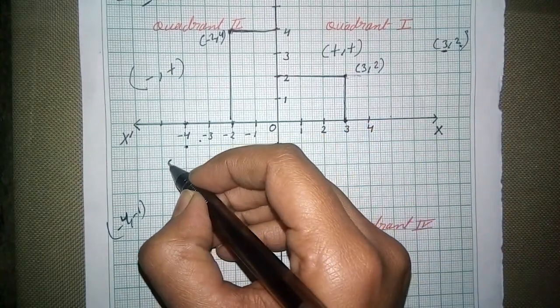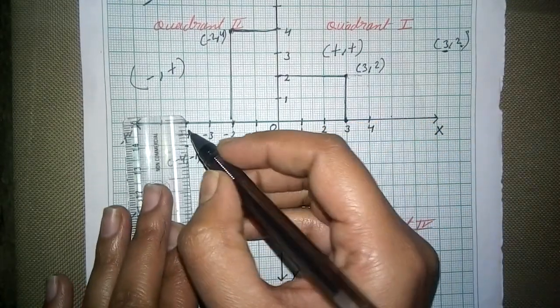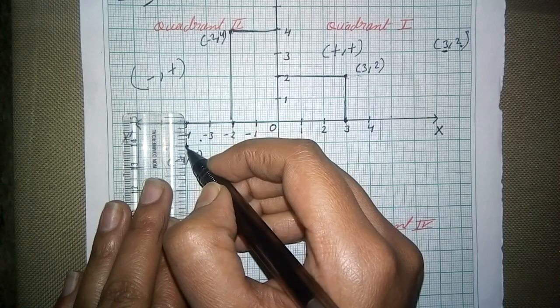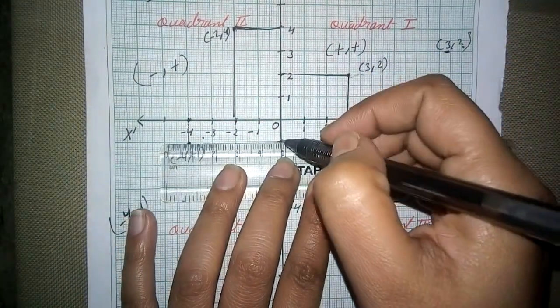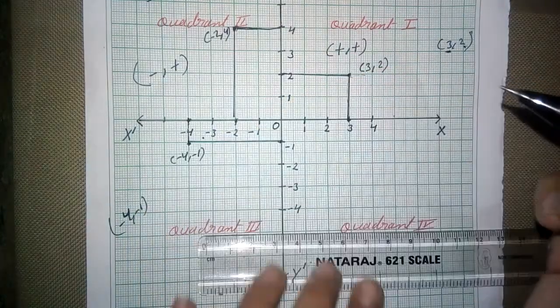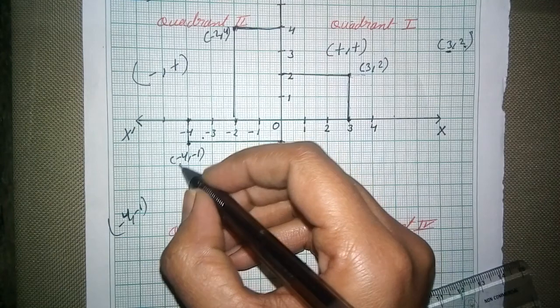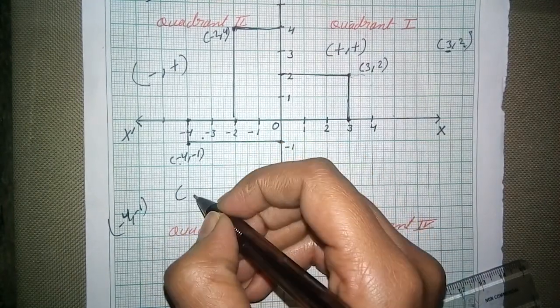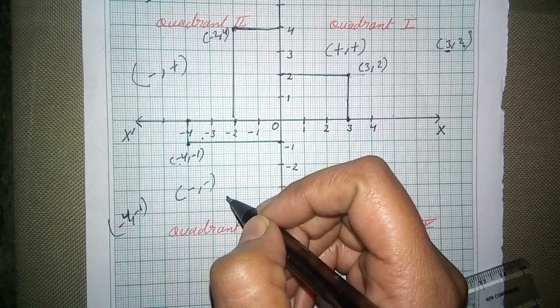Here. Minus 4 and minus 1. Now join them. So this is in the third quadrant. The abscissa and ordinate both are negative, so these are minus minus.